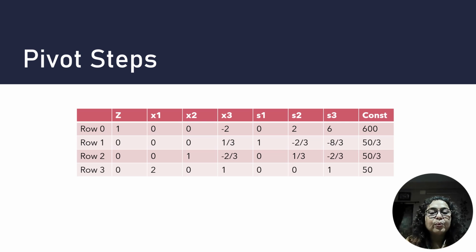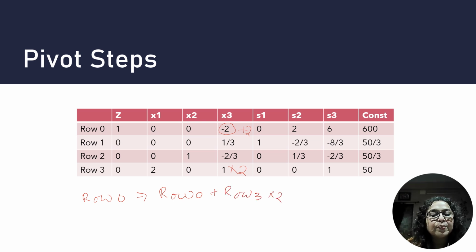Now what we have to do? We will make this one 0. This minus 2 has to become 0. How to make this 0? We simply multiply this with 2 and we add this to here. So it will become 0. So again, I write a new row 0, which is the earlier row 0 plus the row 3 into 2.